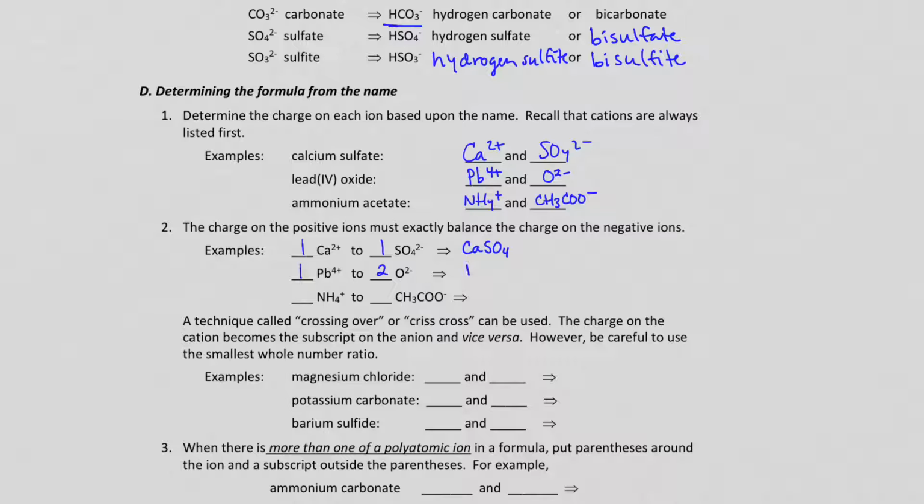So we have PbO2, lead 4 oxide. And we have, right, 1 NH4+ to 1 CH3COO-, so that is just NH4CH3COO, ammonium acetate.